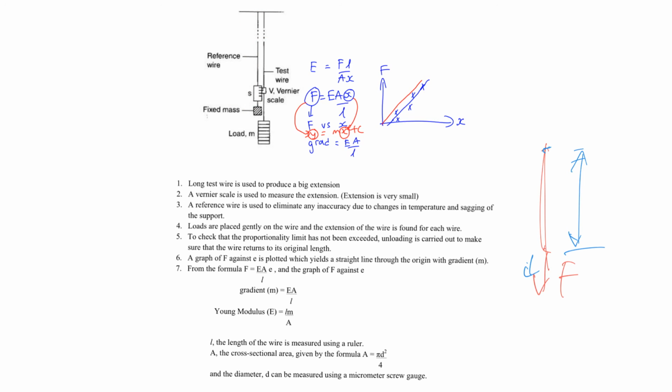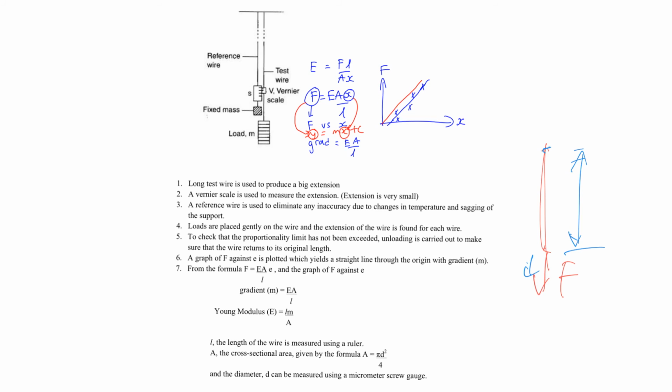So some people ask me, is there anything special about the main scale? I would say it's actually the same scale as you would find in your meter rule. So then they ask me, why can't we just clamp a meter rule here rather than using a reference wire? And you'll notice that there's also a fixed mass to keep the wire taut.